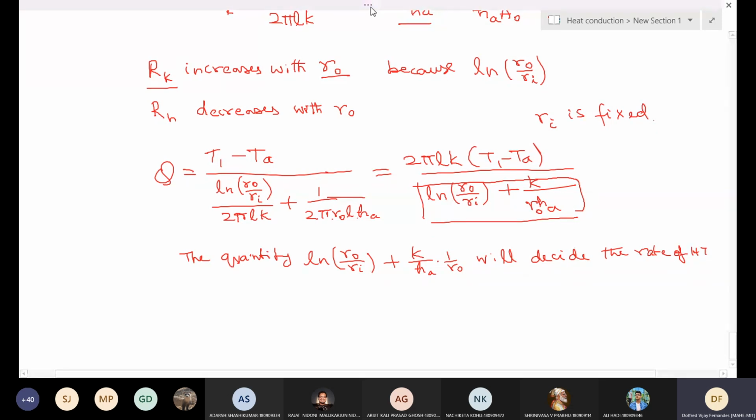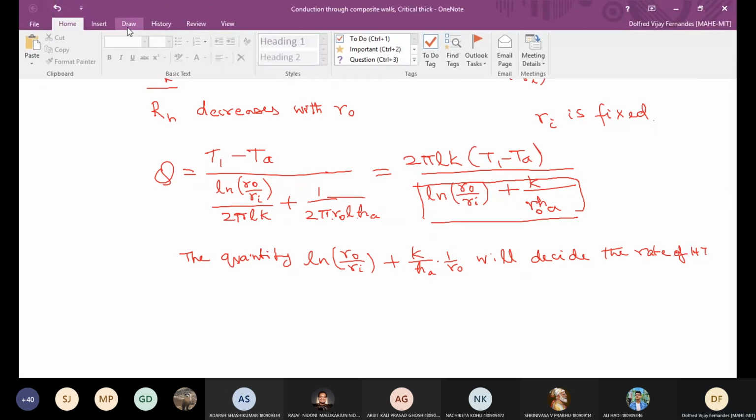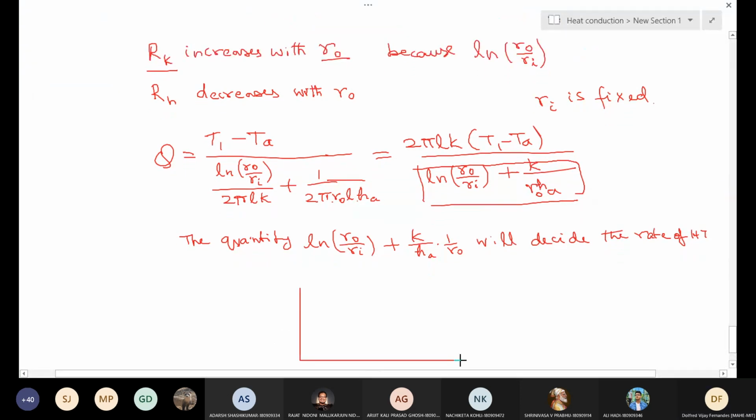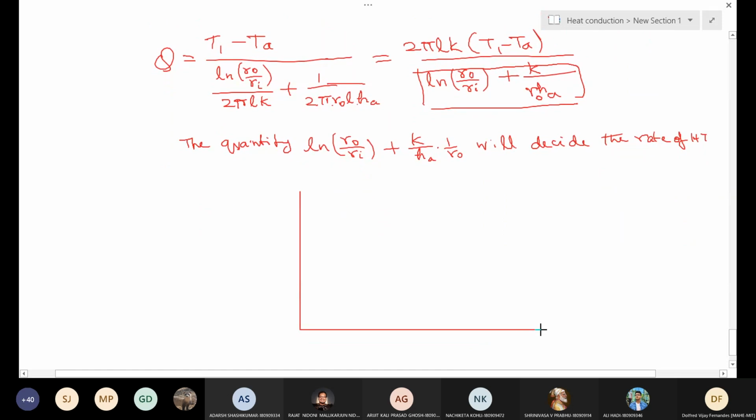So if I make a graph, with resistance on the axis, and this is R0, with respect to R0 I am plotting these quantities. So if you plot ln R0 by Ri, what you get is an increasing graph.